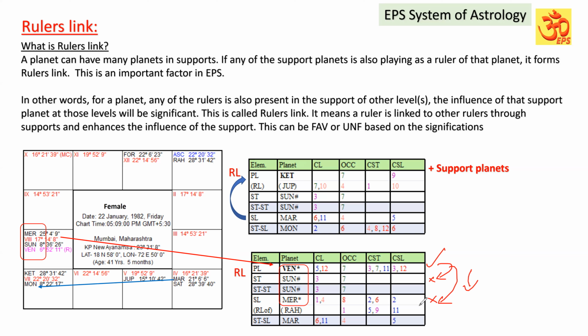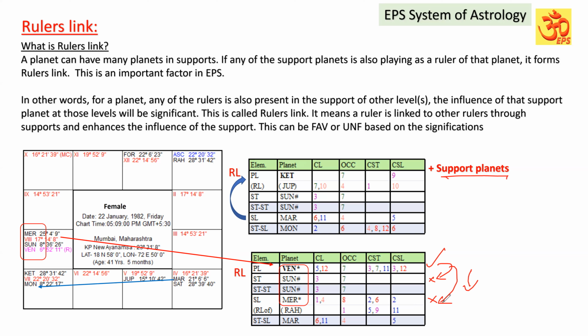So while we are studying a planet's strength, level-wise, when we discuss this in the next chapter and also in the case studies, we have to look into each planet's supports at each level. Venus, Sun, and Sublord, all these things we have to check, whether they are all connected to each other by way of ruler's link.